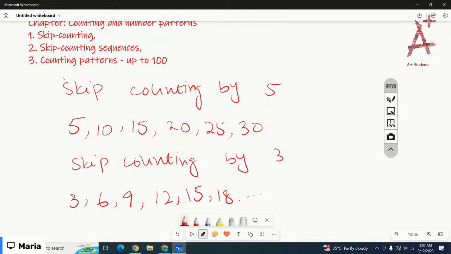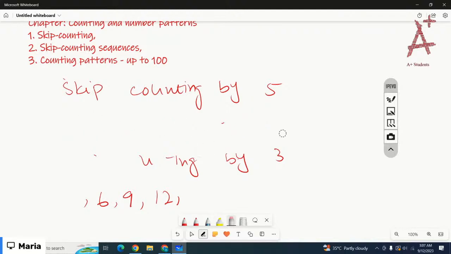So let's see who is going to answer. You have to skip count by 10. What are the numbers if you skip count by 10?